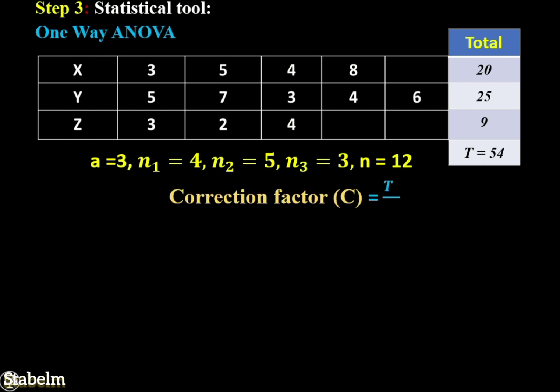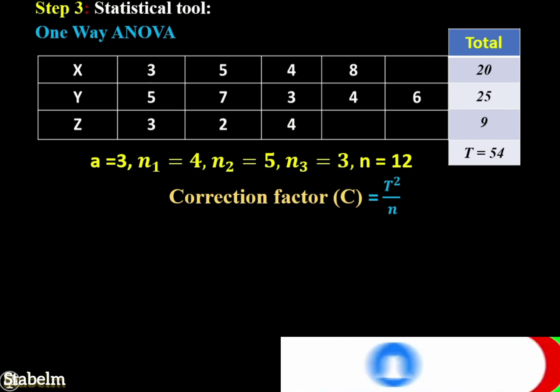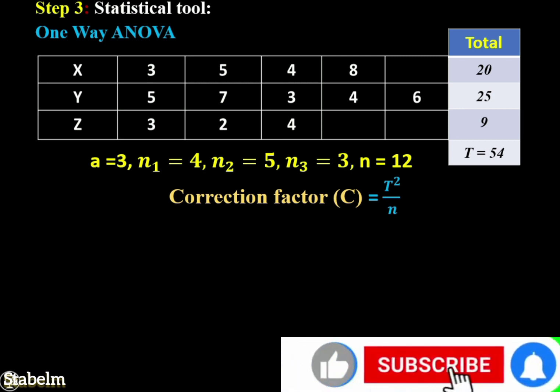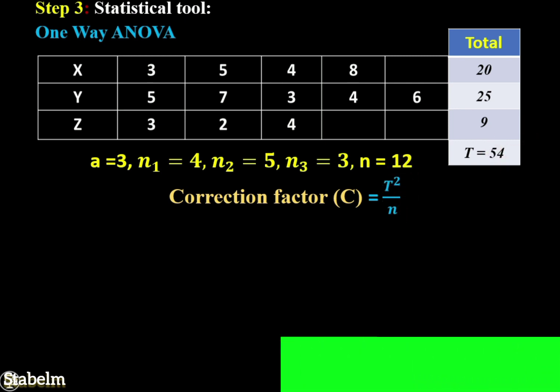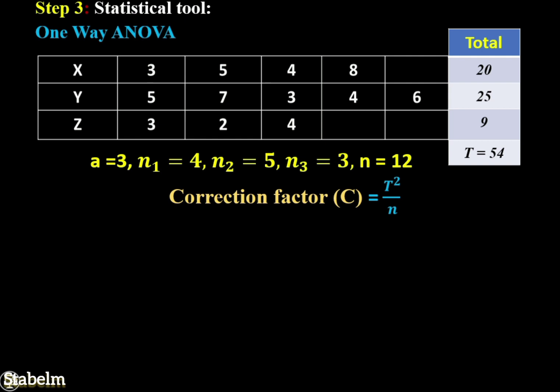Correction factor C equals T squared divided by N. That is, we square the grand total and divide by the total number of observations. So we have 54 squared over 12, which is 2916 divided by 12, and that gives us 243. That is the correction factor, which we're going to use in the shortcut formula in this video.